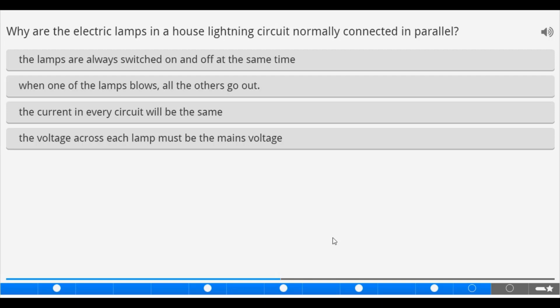But if they are connected in series, the same current is going to pass through the electric lamp. So don't forget, the same voltage is going to pass through each electric lamp if they are connected in parallel. And it will be the voltage coming from the mains, that is coming from the general electric appliance that distributes the voltage in a particular house or habitation. The voltage across each lamp must be the mains voltage. That's correct.